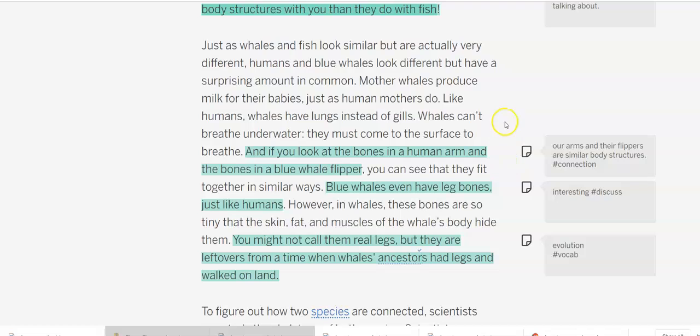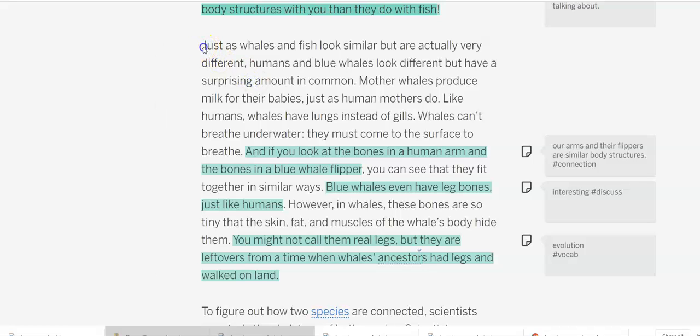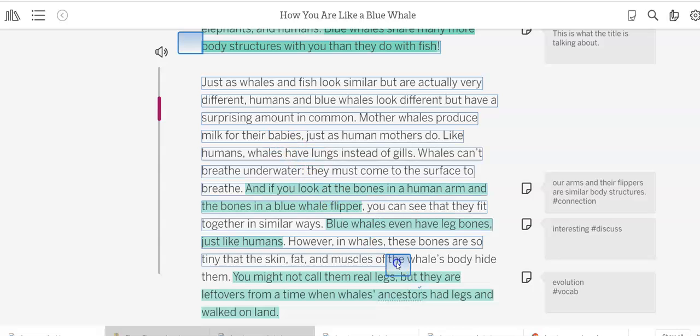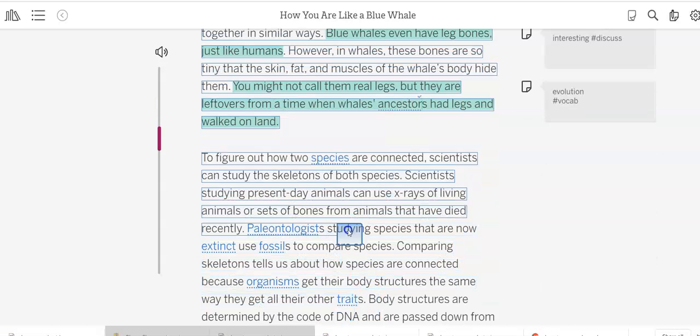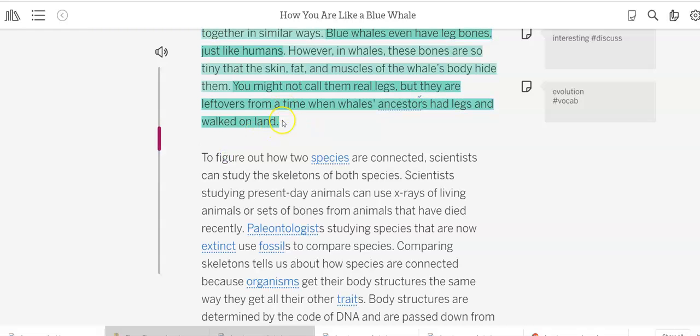Okay, so now let's make a summary about this too, right? So we're just going to go ahead and highlight this whole thing again. Whoa, too far. I'm going to highlight it and, oops, that's not what I meant to do. Oh, now I have to do it again.